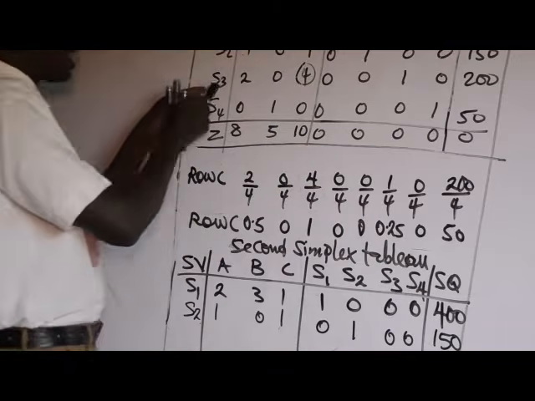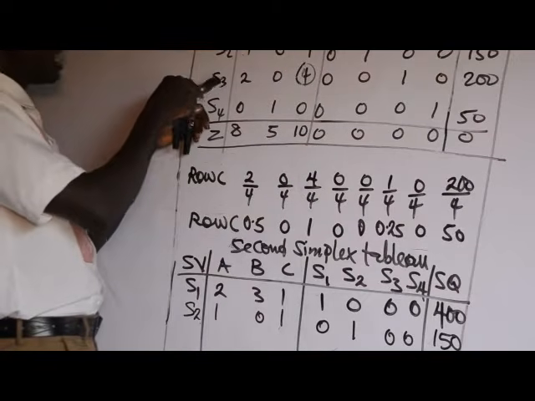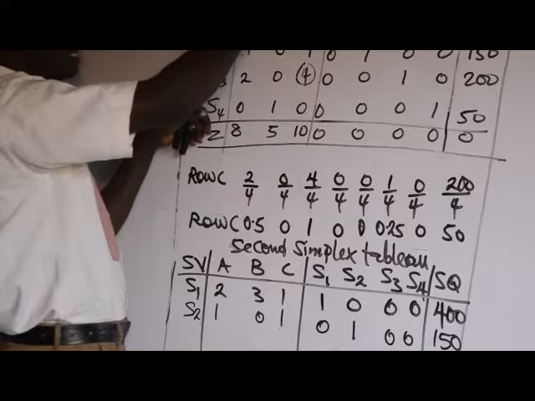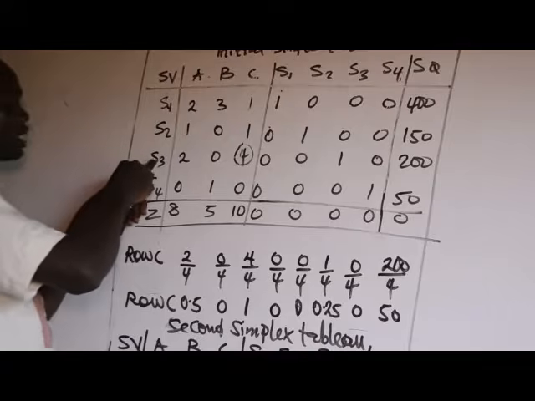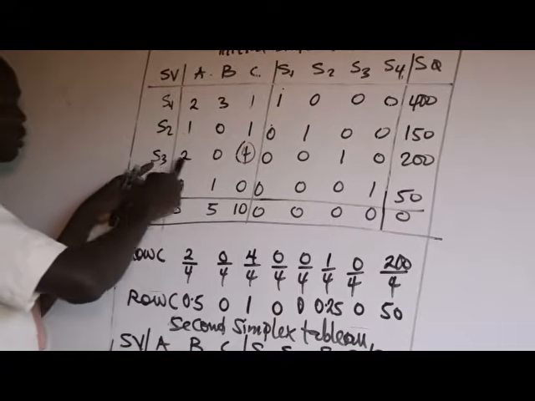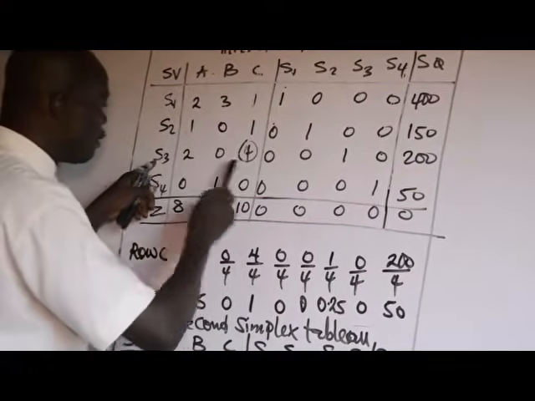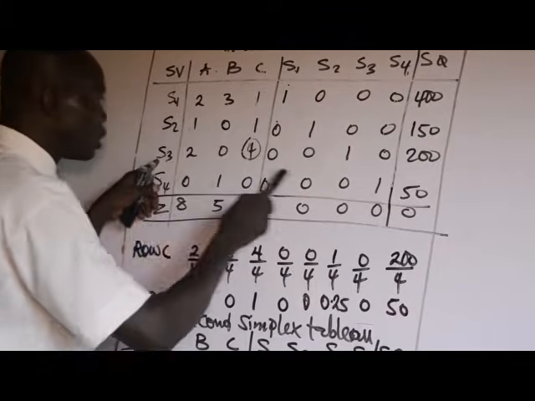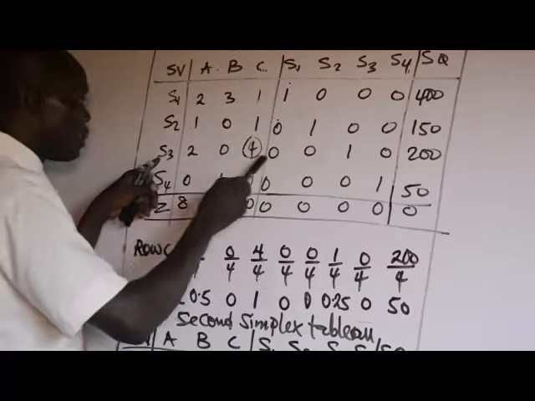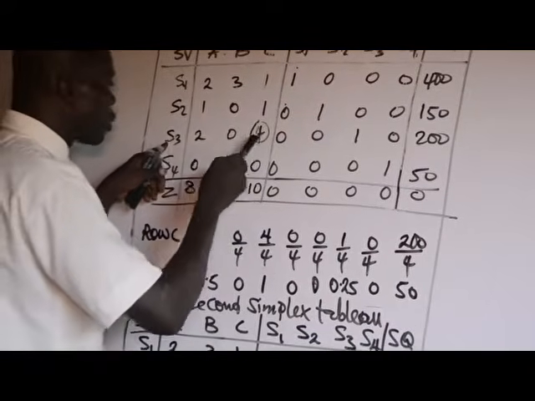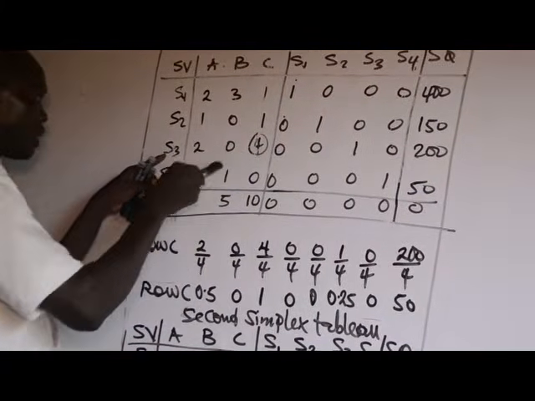I've told you that this will no longer be S3. It will be the C. So this S3 will disappear while this changes to C. And we now have the new value in the pivot row, obtained after dividing each element in the pivot row by 4, which is the value of the pivot.